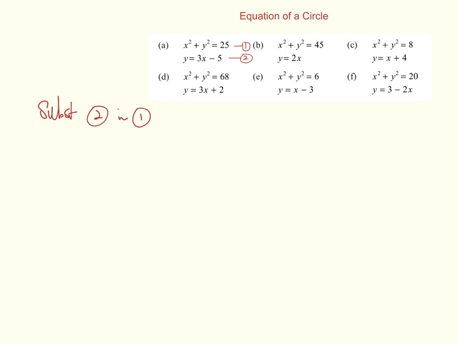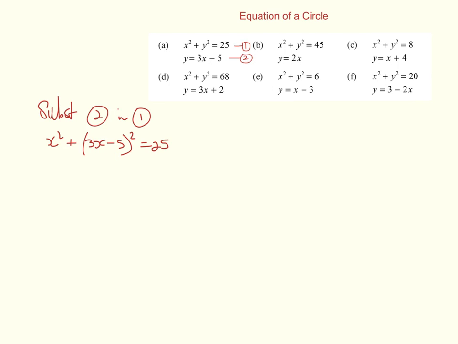So this then gives us x squared plus (3x minus 5) squared is equal to 25. Now we expand this bracket using our method of FOIL or whatever it is you want to do. Bear in mind, if you watch the last video, you will remember that this means that this bracket is multiplied by itself.